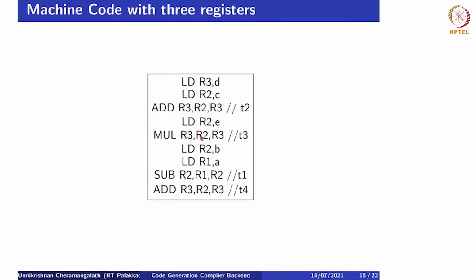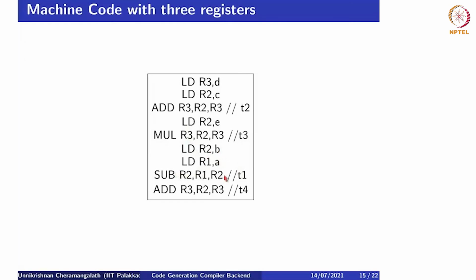If you look at the label of T3, it was 2, and we have used only 2 registers up to T3, because we have used R3 and R2. Now T3 is done. Then you have to compute T1. Note that R3 is required for the next computation. So you load A and B into R2 and R1, then subtract R2, R1, R2.